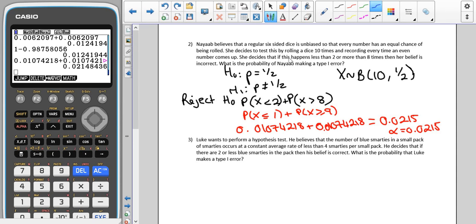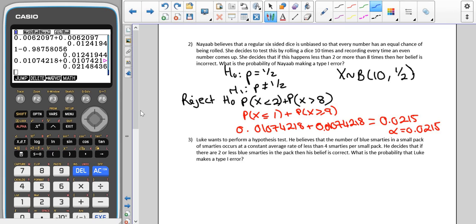She decides that if this happens less than 2 or more than 8 times, then her belief is incorrect. So she's going to reject H0 if it's less than 2 or more than 8. Now you could, again, find those probabilities separately by finding the probability of X being less than or equal to 1 and the probability of X being greater than or equal to 9.